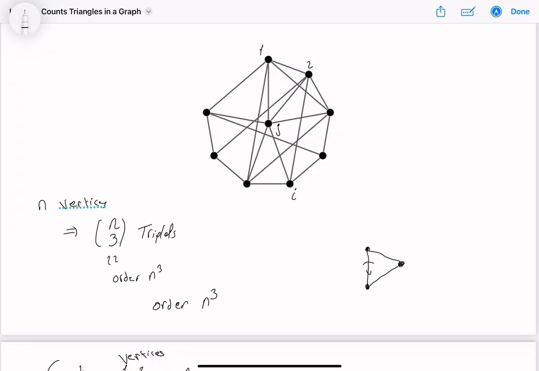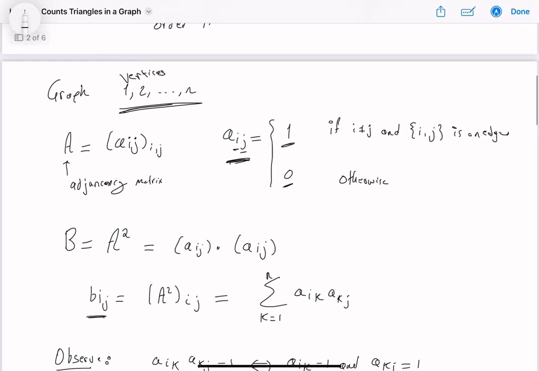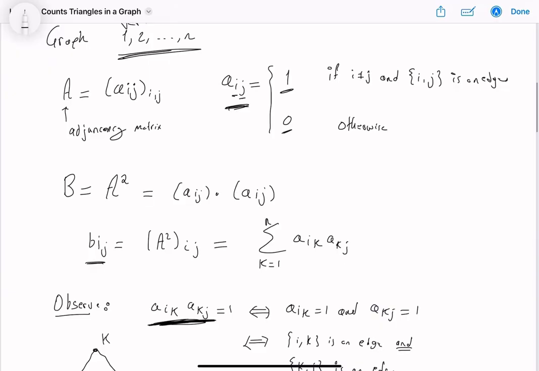So the advantage of linear algebra here is that the only expensive operation that we need is this one, and this can be done in cheaper than order n-cubed operations.